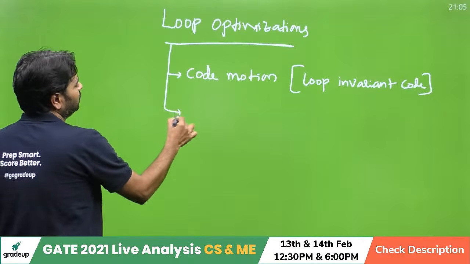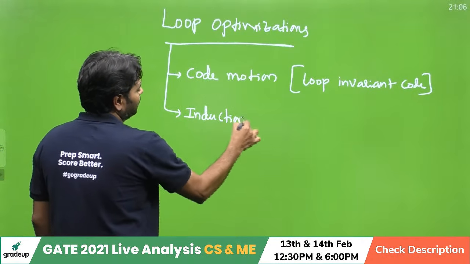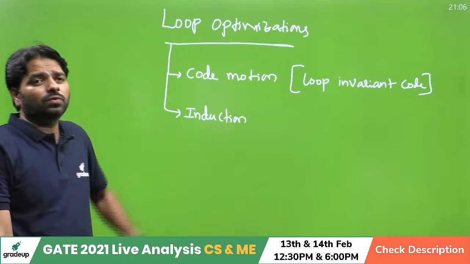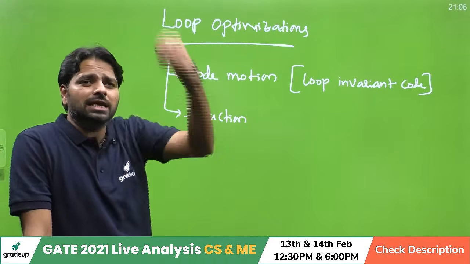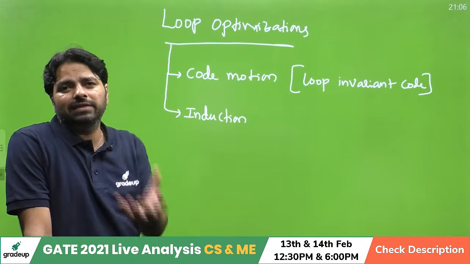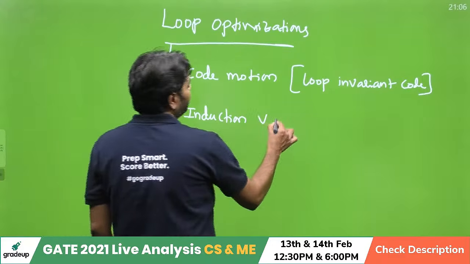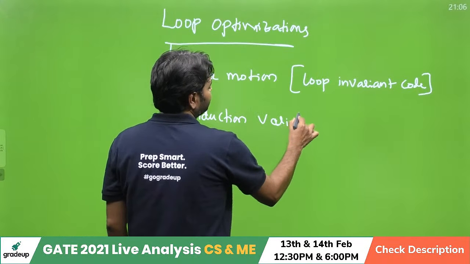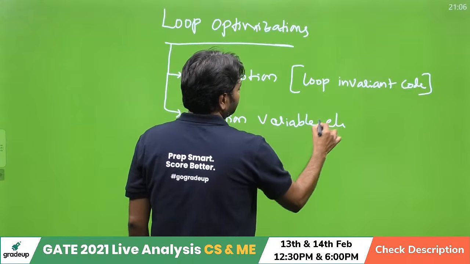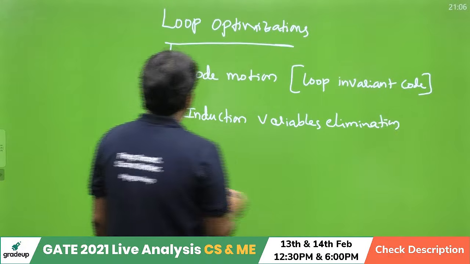And second, you can learn induction variable elimination. If there are two variables in the loop which are doing the same thing, you can replace one variable with the other so that you can save the number of variables. That's 2.